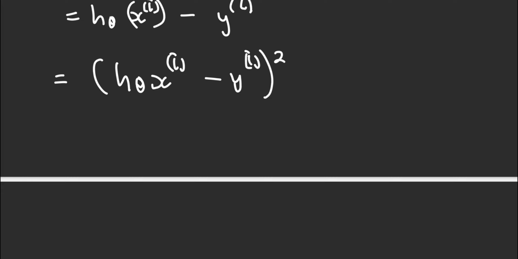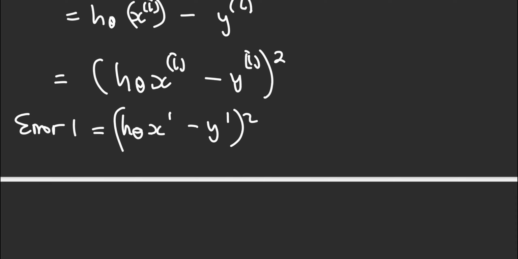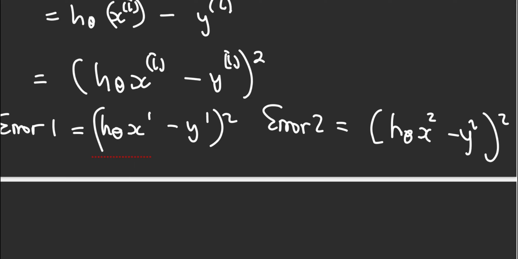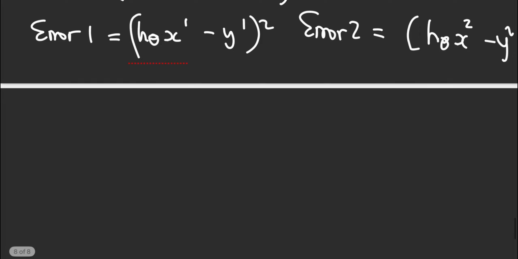So you have x1, x2, x3, because you can have error 1, which is h theta of x1 minus y1. For the first training data set, you can have error 2, which is basically h theta of x2 minus y2, all of that squared. You can have error 3, error 4, error 5, and so on.